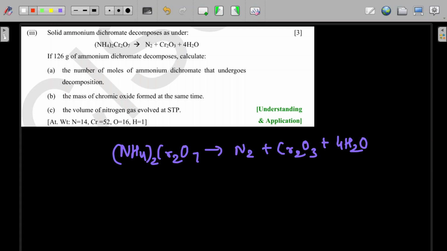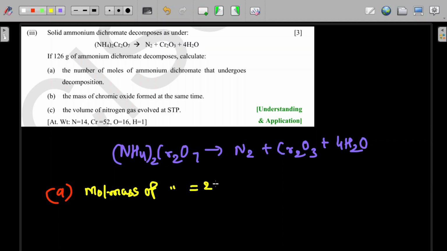That is a little big task. Can anybody check what is the molecular mass? Google it. Molecular mass of ammonium dichromate. 252.07. We'll keep it 252. Okay.